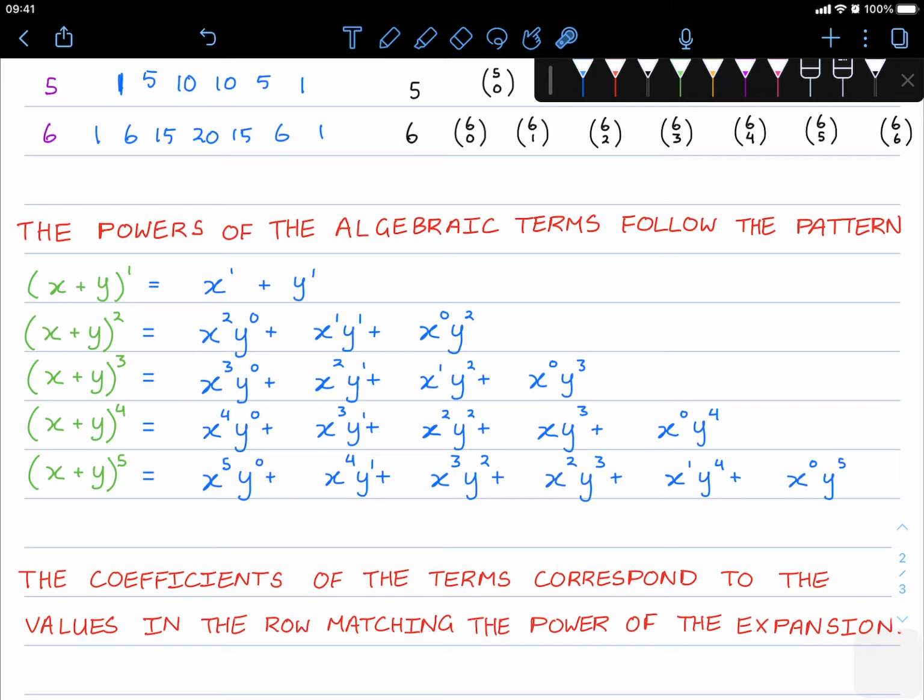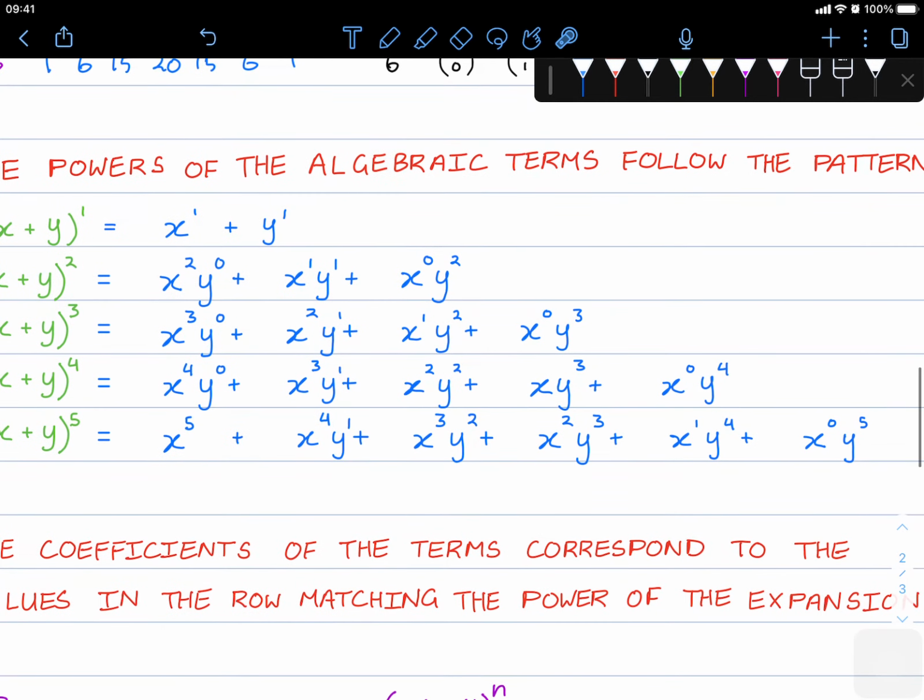For the powers of 5, it's going to be 5, 0, which really we don't need to write. 4, x to the power of 4, y to the power of 1. And so the x values keep decreasing by 1, and the y values keep increasing by 1 until eventually x becomes 0.